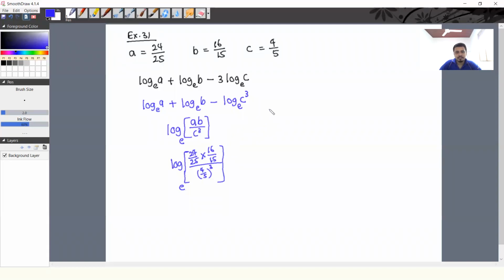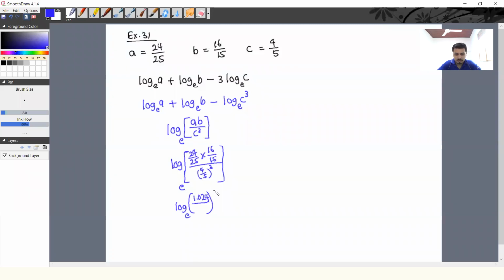So it is a matter of simplification. Log of, what should be in our numerator? 24 over 25 into 16 over 50, that is 1.024.